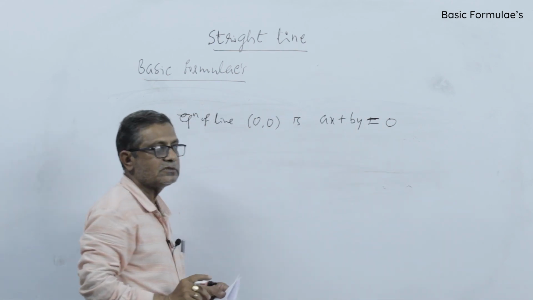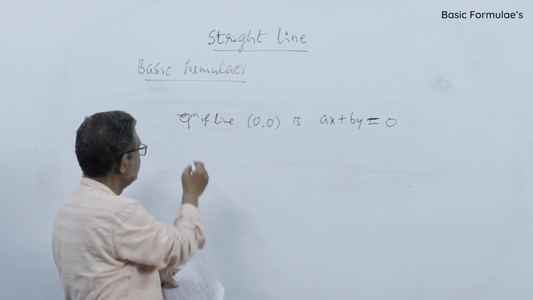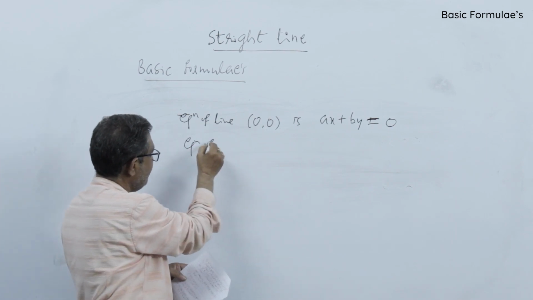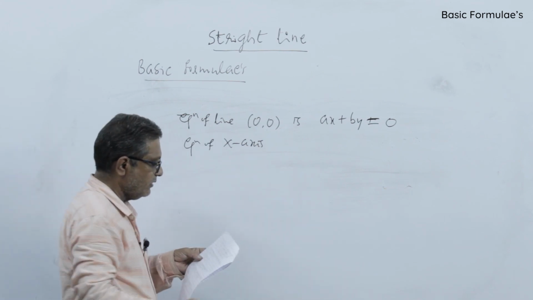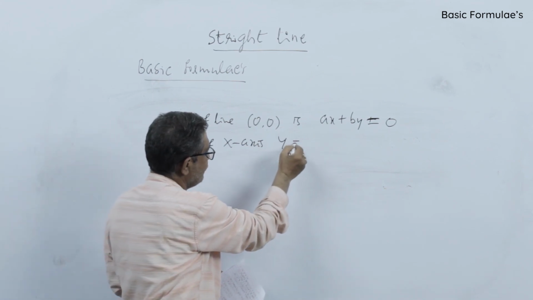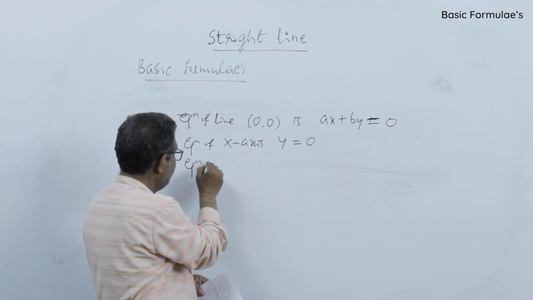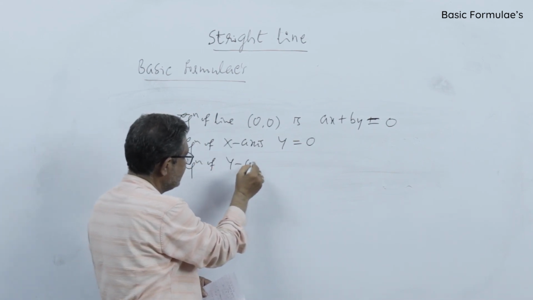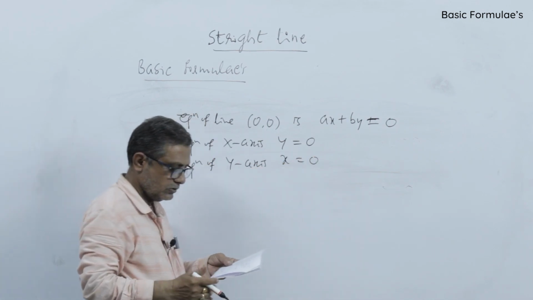There is no constant, only Ax plus By equal to 0. Then the equation of the x-axis is y equal to 0. Then the equation of the y-axis is x equal to 0.